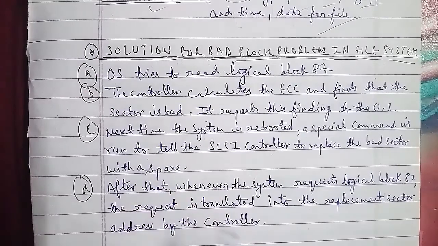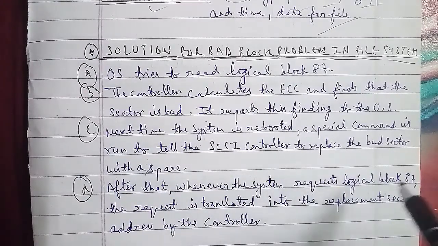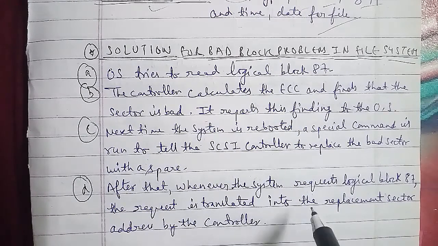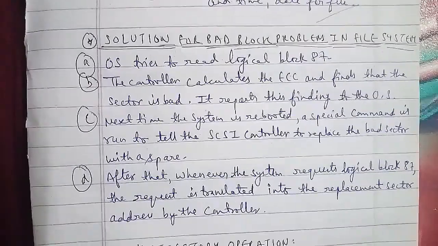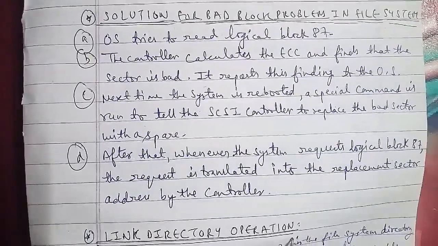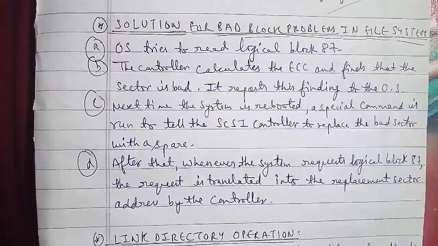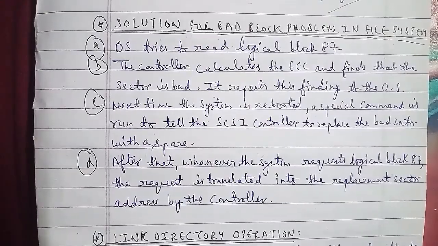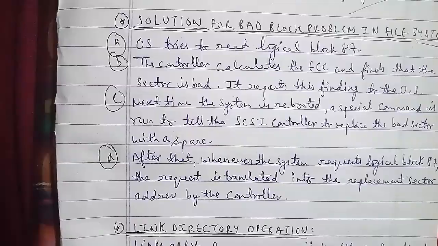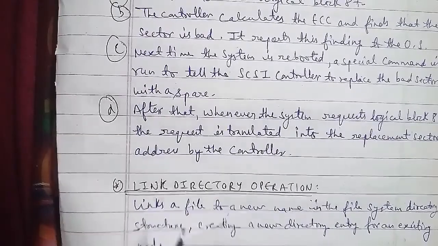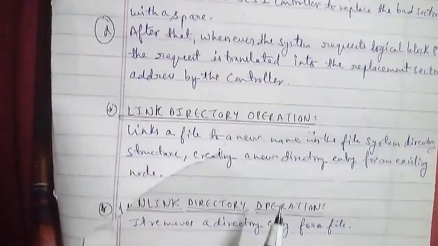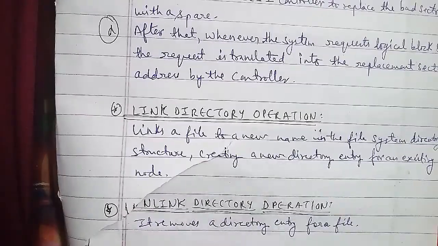If they ask about the difference between an absolute path and a relative path, you can say that an absolute path name begins at the root and follows a path down to a specified file, giving the directory names on the path, and a relative path name defines the path from the current directory. That is the main difference.